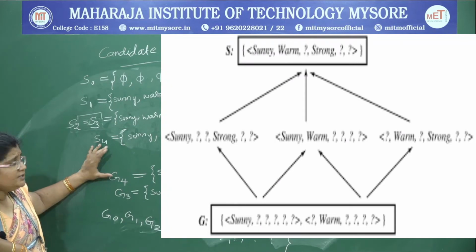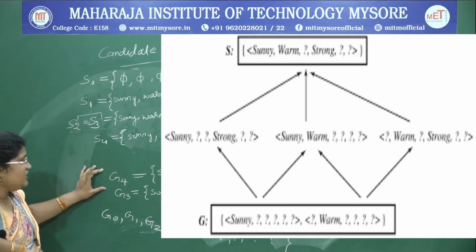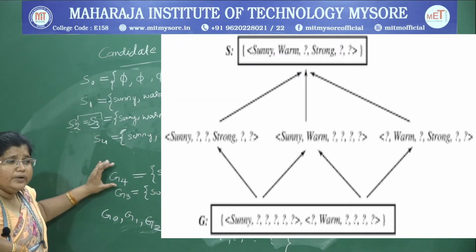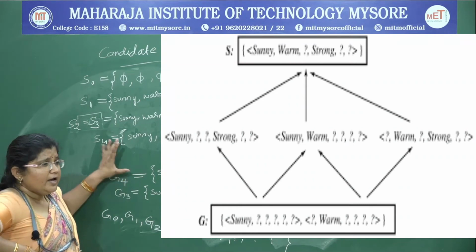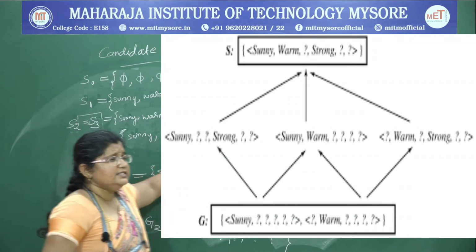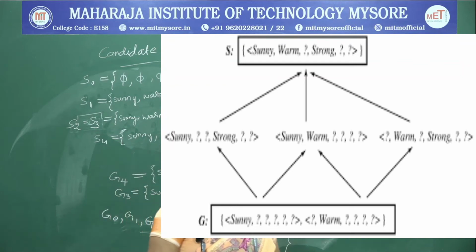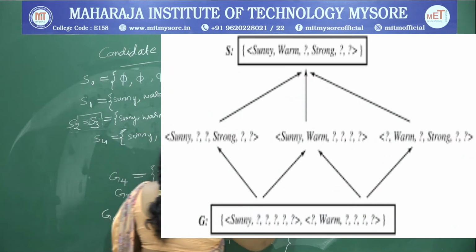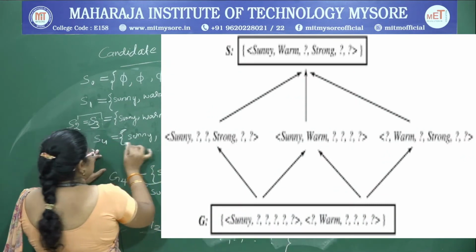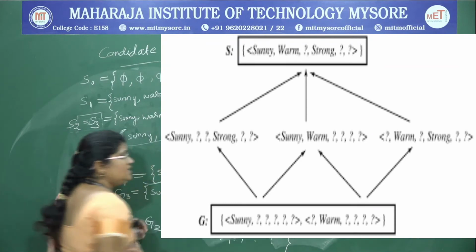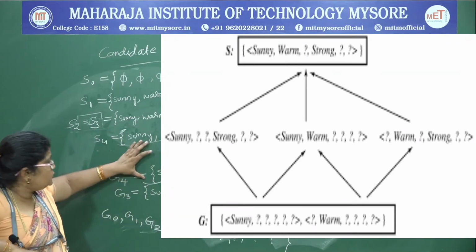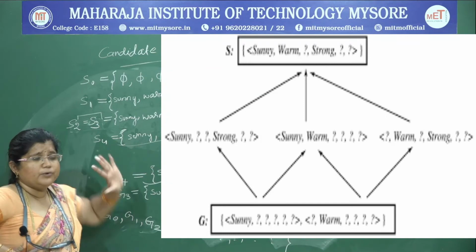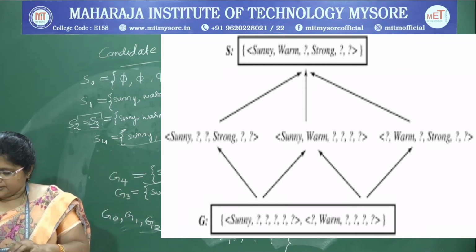So, the boundary is S4 and G4, a boundary where a set of hypotheses inside the version space are going to be generated. In G4 there are two hypotheses and in S4 there is one hypothesis. By using these two boundaries, a set of hypotheses are going to be generated.